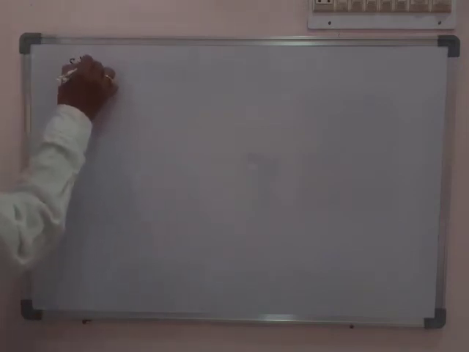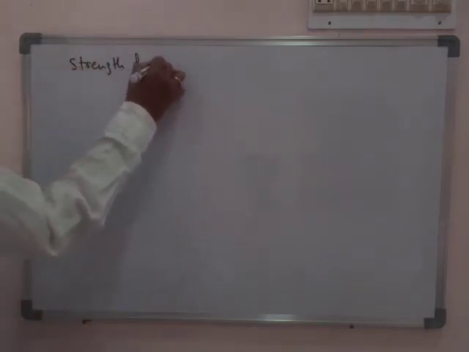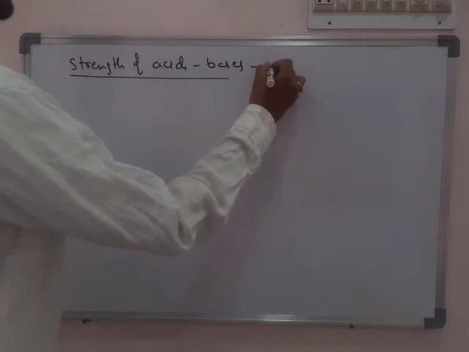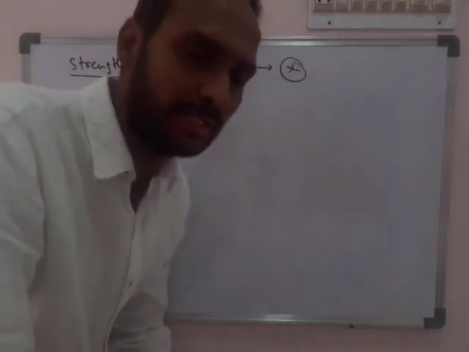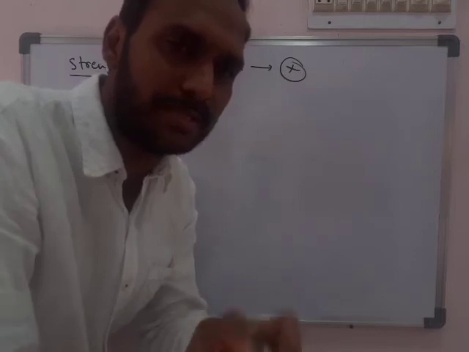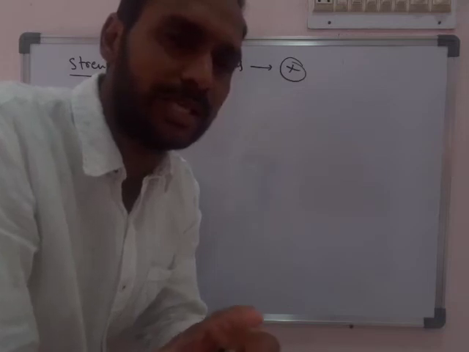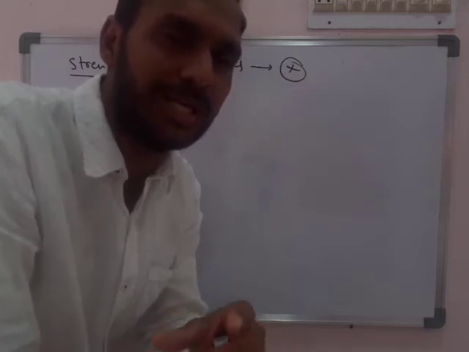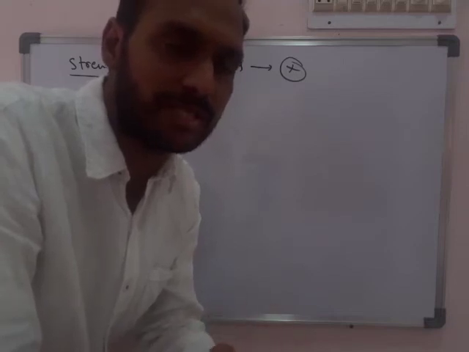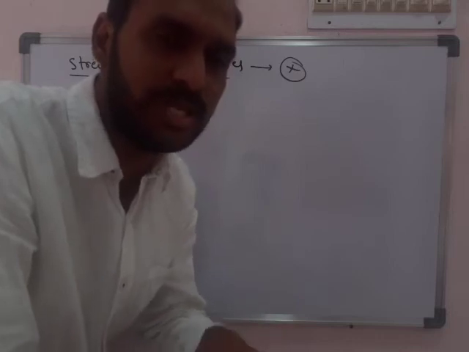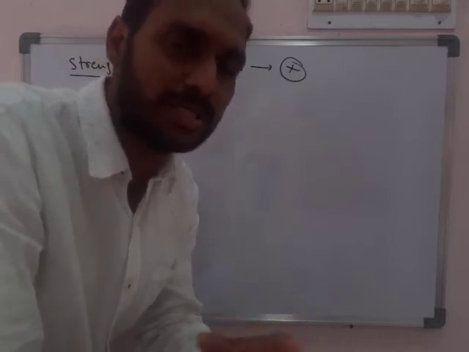So next, a very important thing is the strength of acids and bases. Here I am comparing this theory with the Arrhenius and Bronsted theories. In Arrhenius theory, a concept is introduced called dissociation: the degree of dissociation of an acid, the acid dissociation constant, and the degree of dissociation of a base, the base dissociation constant.